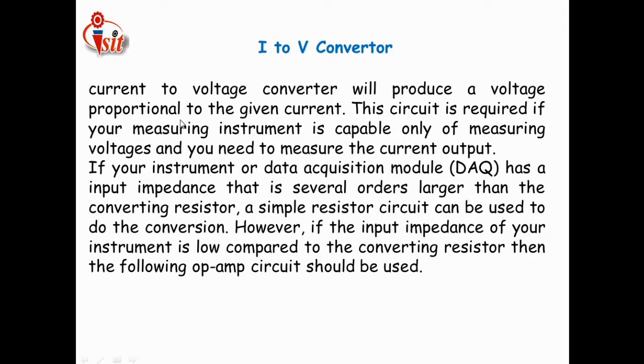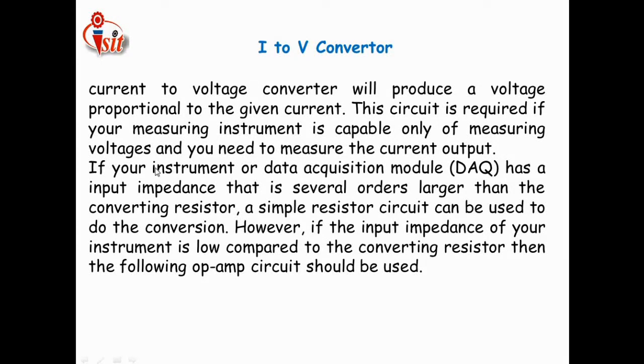This circuit is required if your measuring instrument is capable only of measuring voltages and you need to measure a current output. If your instrument or data acquisition module (DAQ) has an input impedance several orders larger than the converting resistor, a simple resistor circuit can be used to do the conversion.